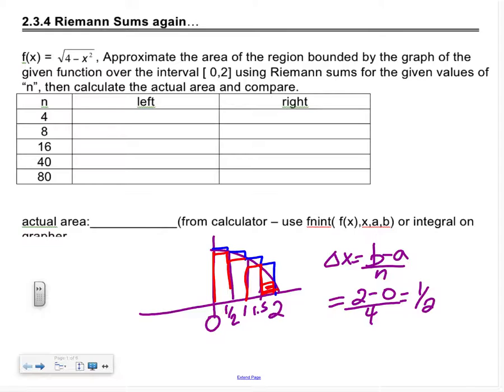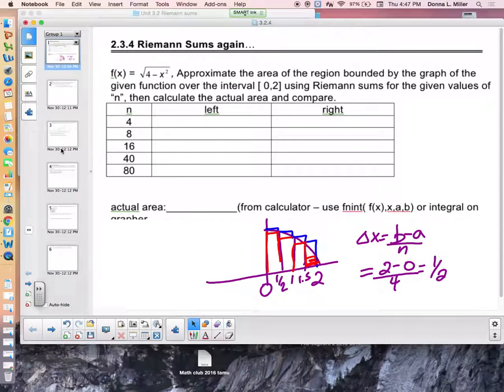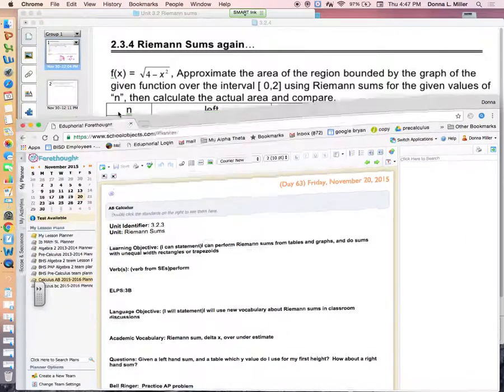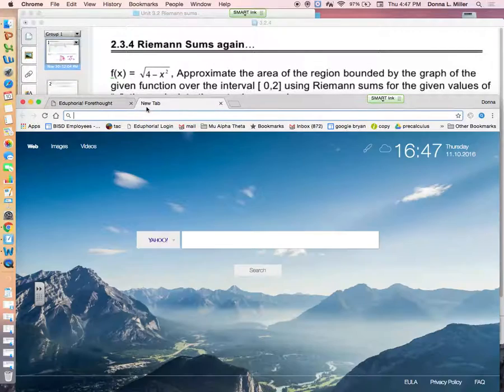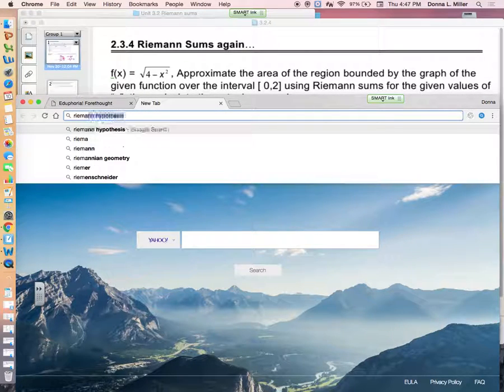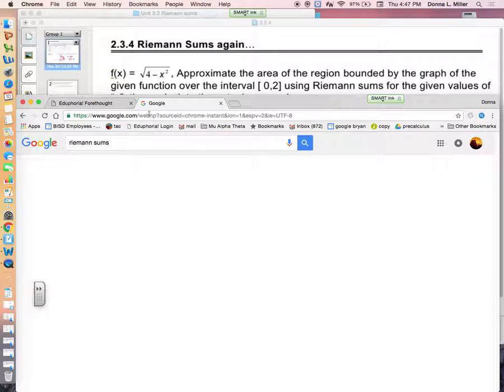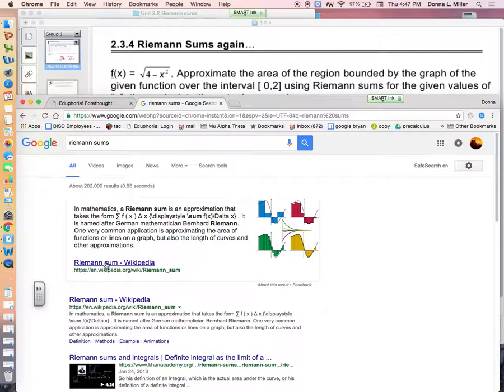So there's lots of apps online that will compute Riemann sums for you. There's even calculator programs you can download. Let me find you one. Riemann sums. Oh, let's find an app.